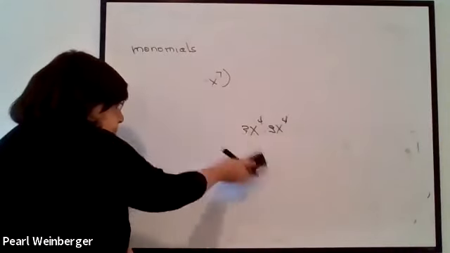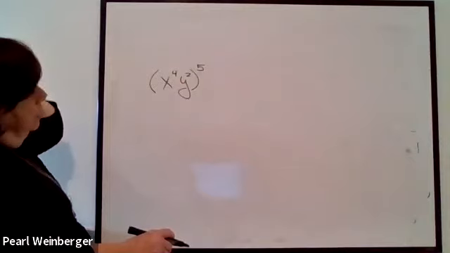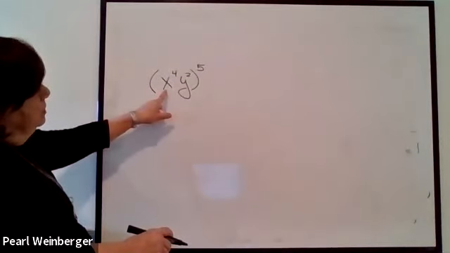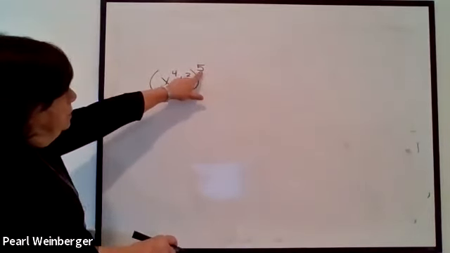What if I have 2 terms, 2 factors here, x fourth and y squared, and the whole expression x to the fourth, y squared is raised to the 5th power. So when you have a monomial which has a couple of letters or variables, what you're going to do is distribute this exponent on the outside to each of the factors on the inside.